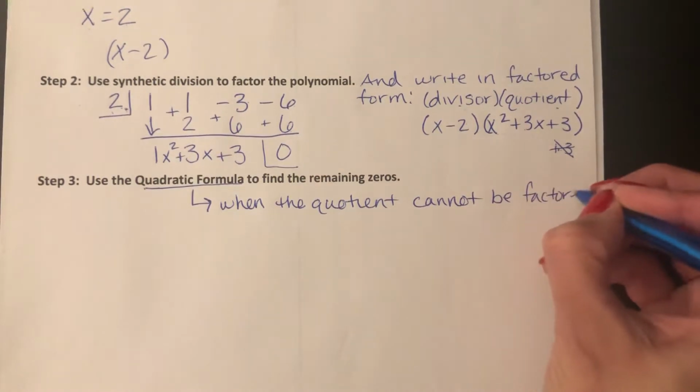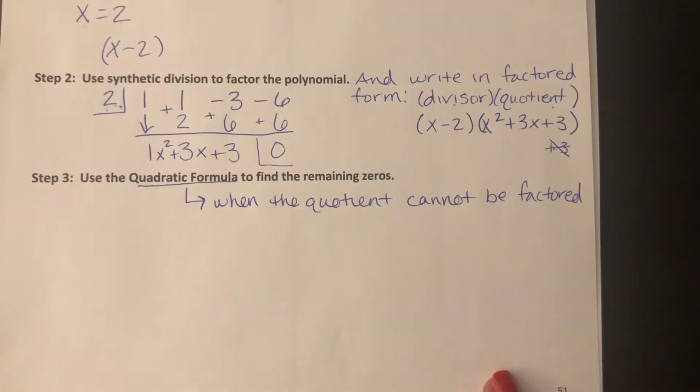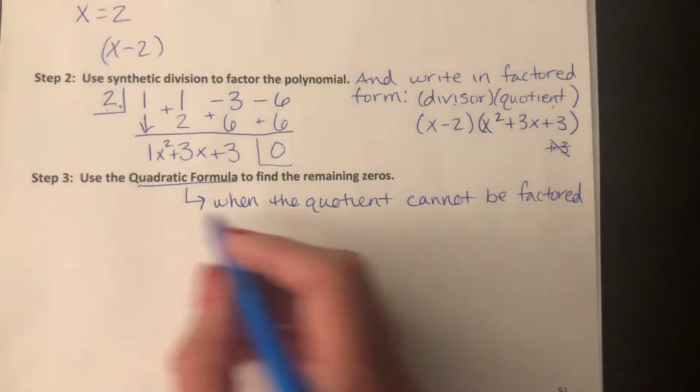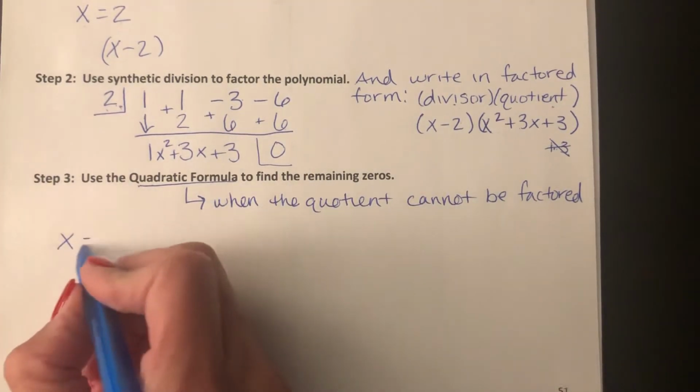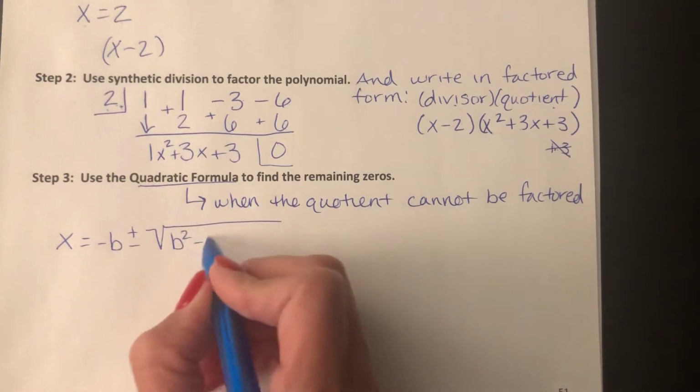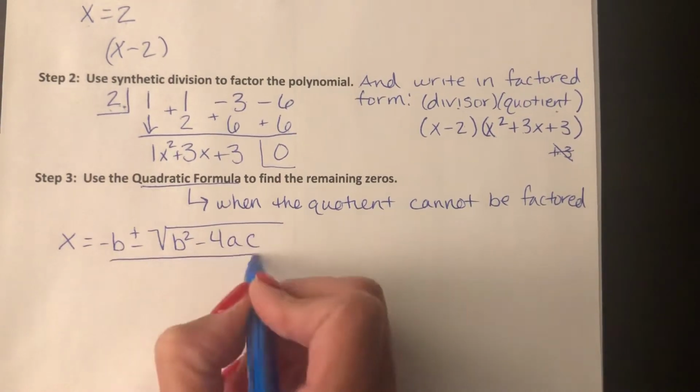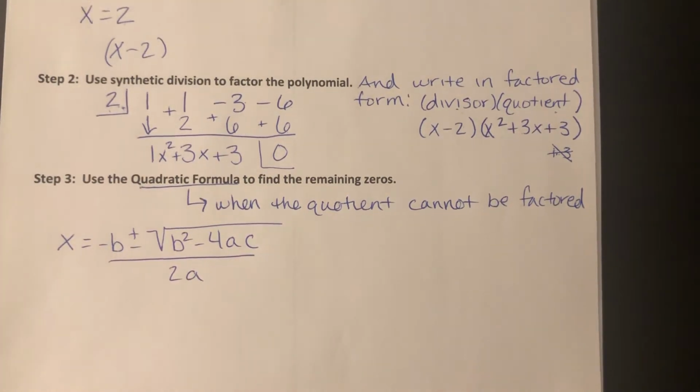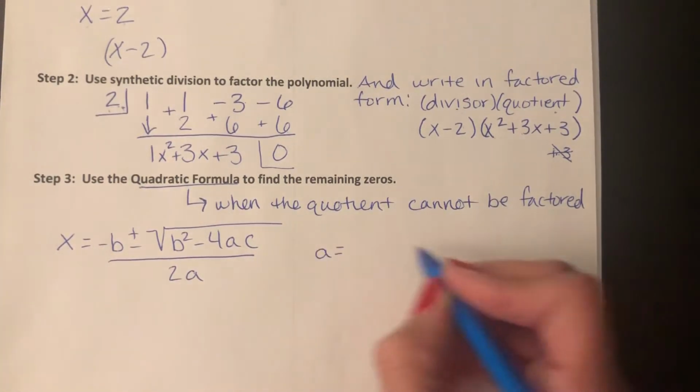Okay, so let's look at this. Let's review the quadratic formula. x equals negative b plus or minus the square root of b squared minus 4ac, over 2a. And then let's determine our a, b, and c.